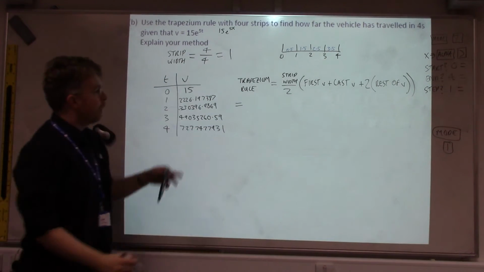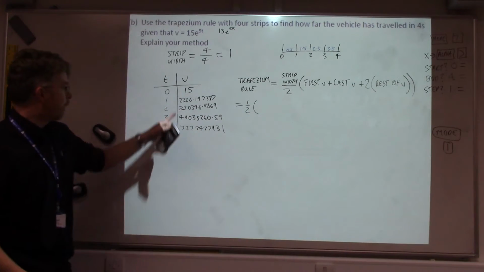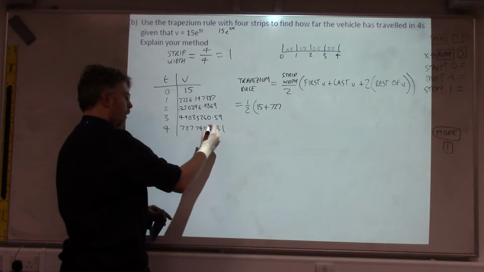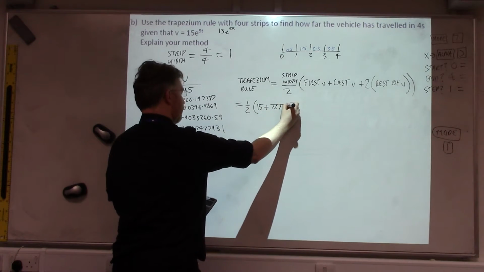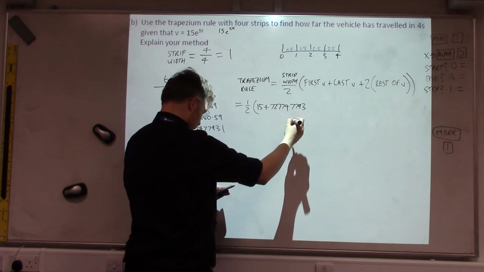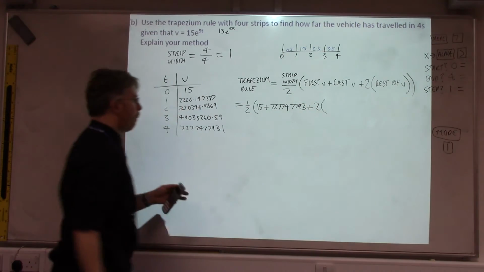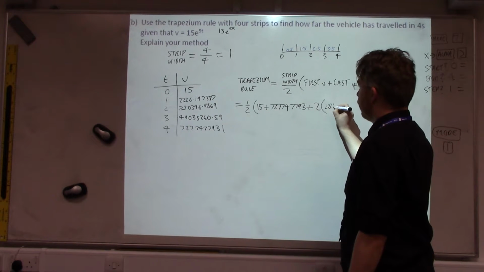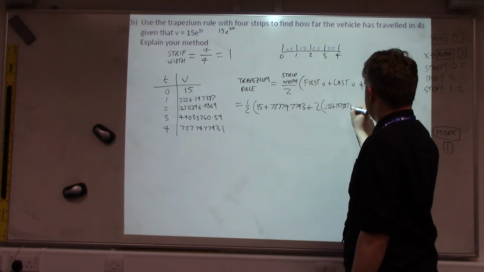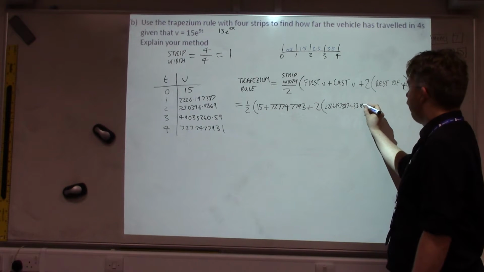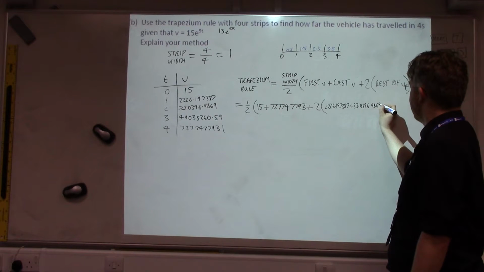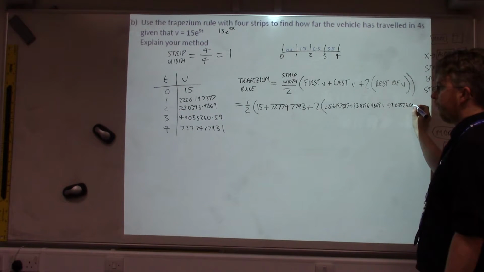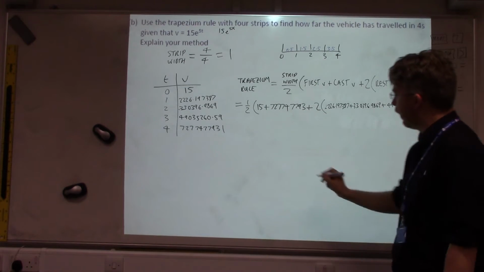So equals, strip width is 1, so 1 divided by 2, open bracket, first V is 15, plus last V is 72774779331, plus 2 times open bracket, the rest of the numbers: 2226.197387 plus 330396.9869 plus 4903520.59, close bracket, close bracket.